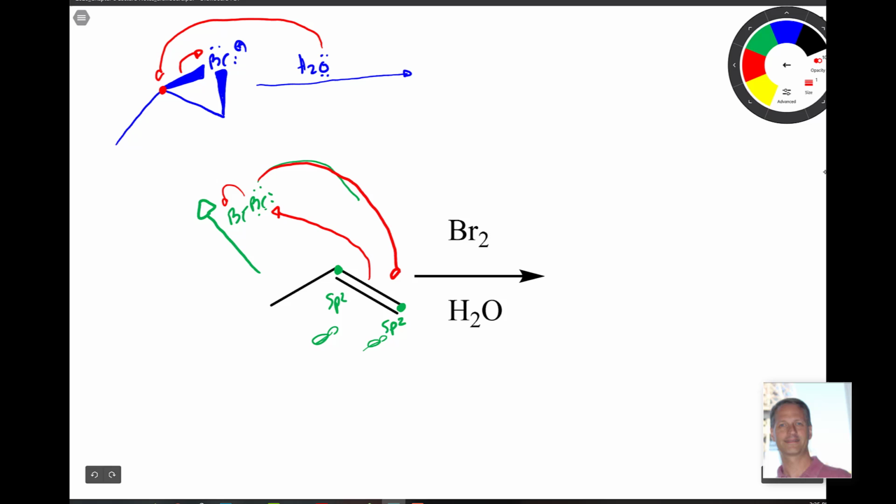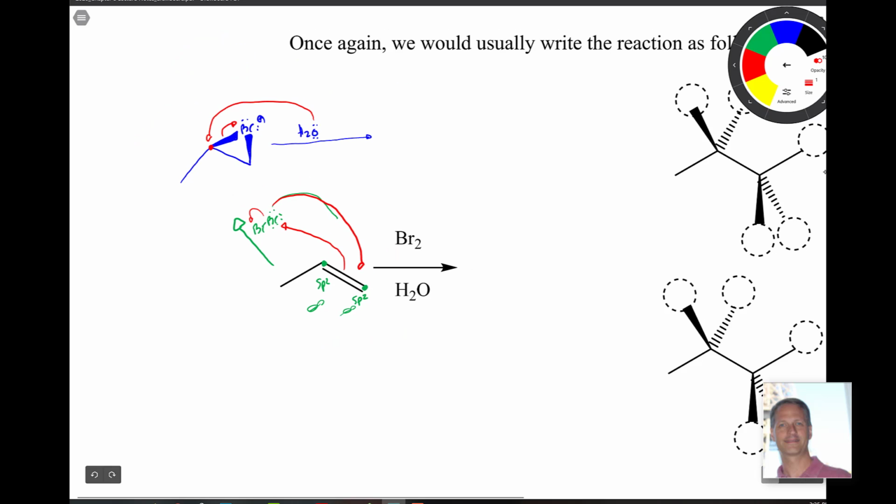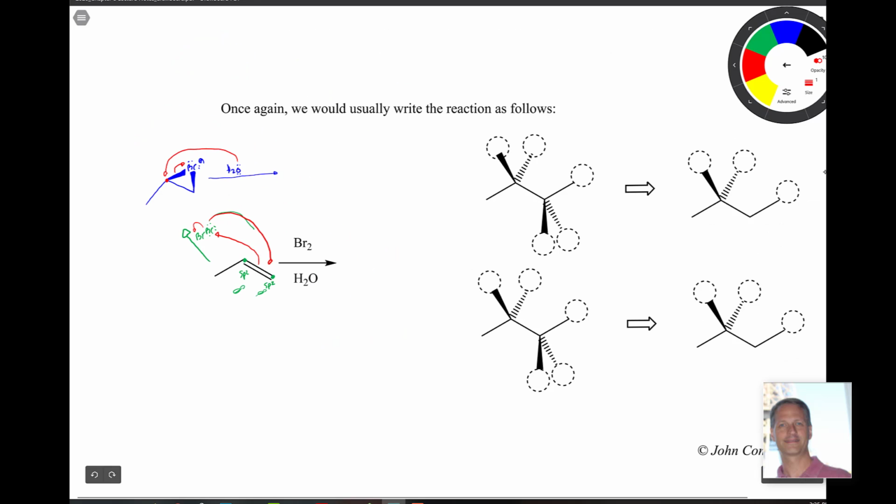What I want to show is that. Let's zoom out just a little bit and take a look at our structure here. That little guy in blue is really this guy here, so we're going to come over and join in here. If my bromo is here, and I know that they're anti to each other, then my oxygen must be right here.